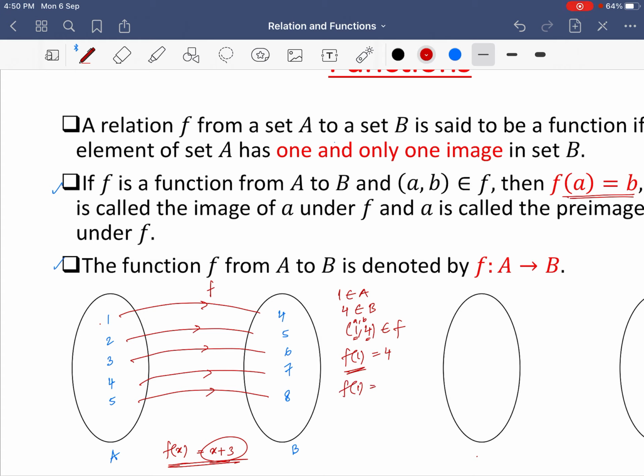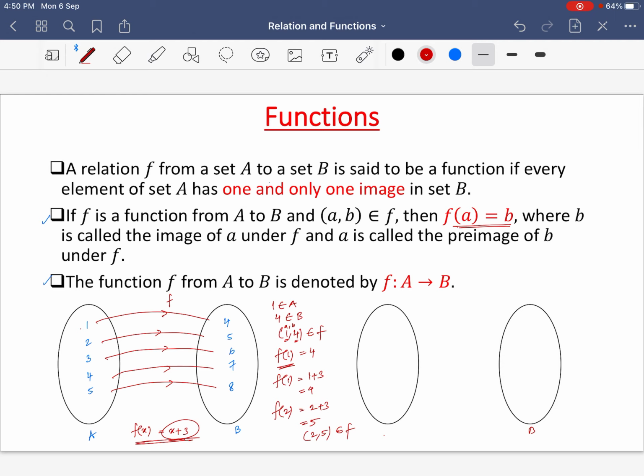So f(1) = 1 + 3, you get 4. Now f(2) will be 2 plus 3, that is equal to 5. So you get another ordered pair, (2, 5), that is also an element of f. So you will get ordered pairs like this, then you get (5, 8), (4, 7), and in this way you will get all the ordered pairs.